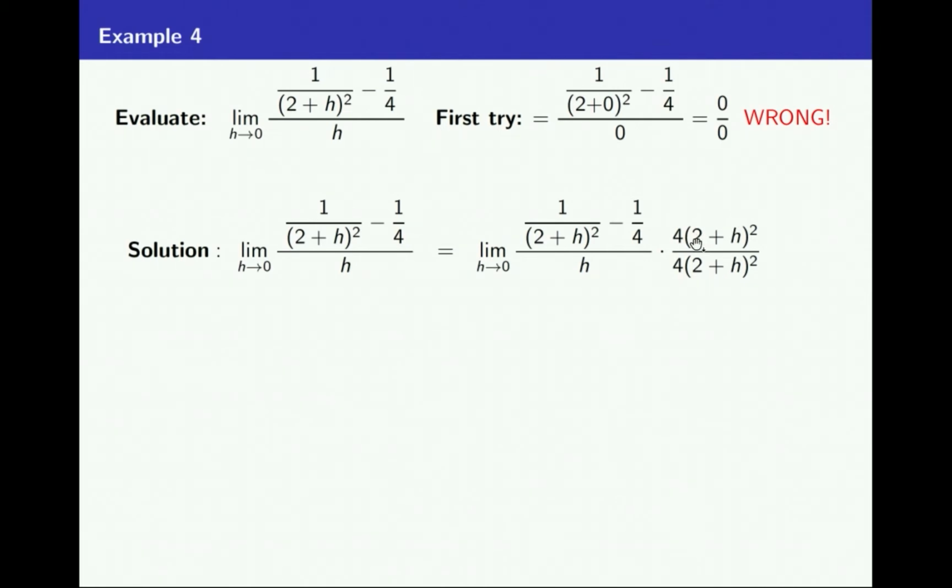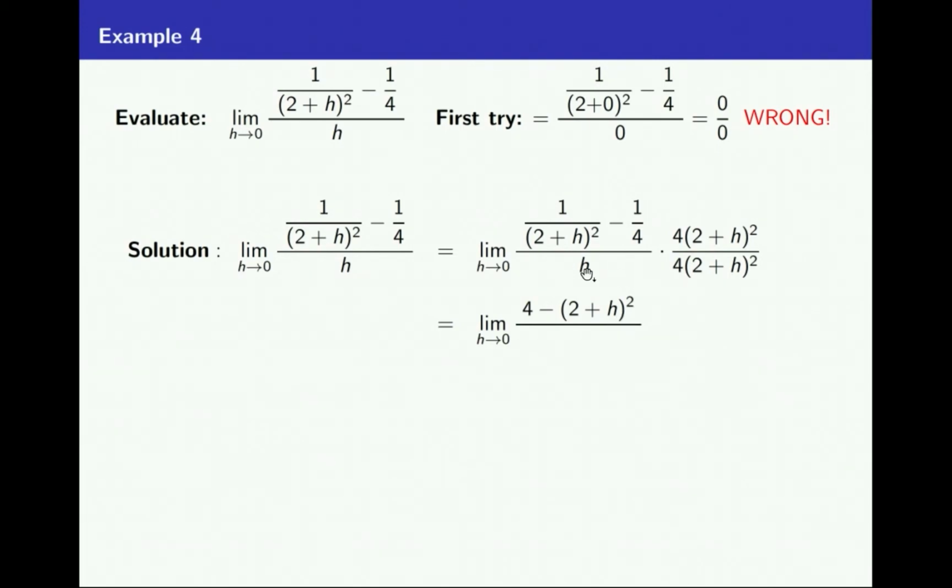Now let's distribute that into the numerator and also multiply the two denominators to simplify this. Working the numerator through, the 4 times 2 plus h squared times the 1 over 2 plus h squared is just a 4. And then the 4 times 2 plus h squared times the negative 1/4 is minus 2 plus h squared.